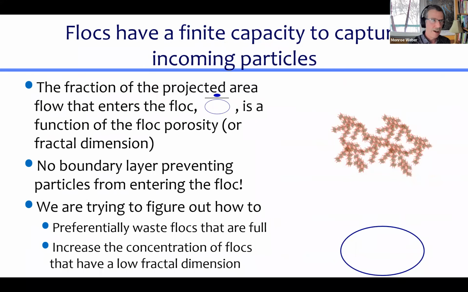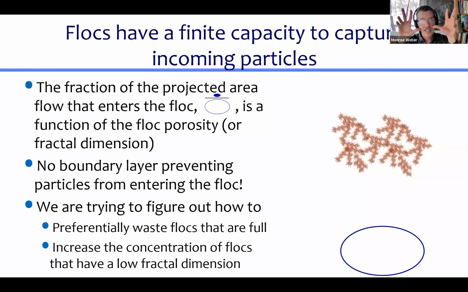Okay, so now a more detailed animation of what's going on inside a floc. This big floc that I have on the right is like the big blue floc that I showed previously. Just now I'm showing the detail and showing you it's actually extremely porous.